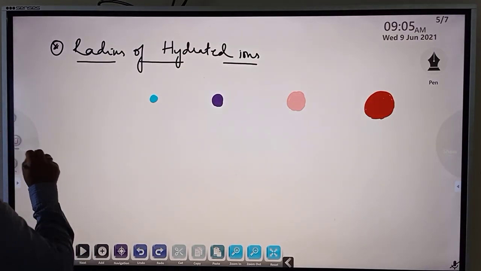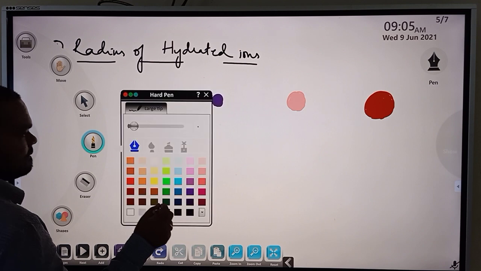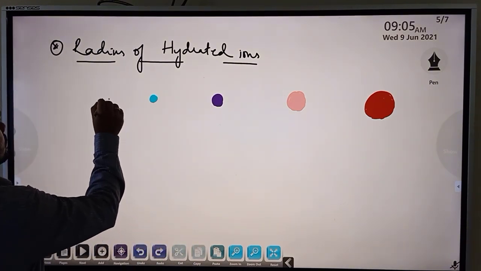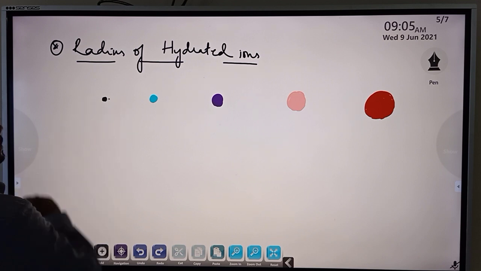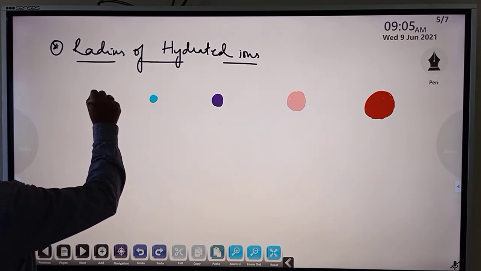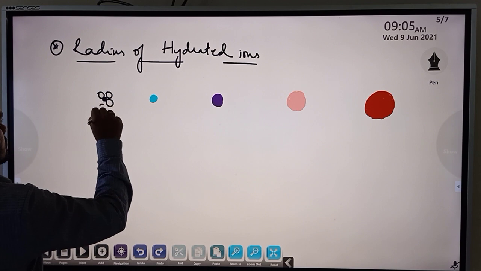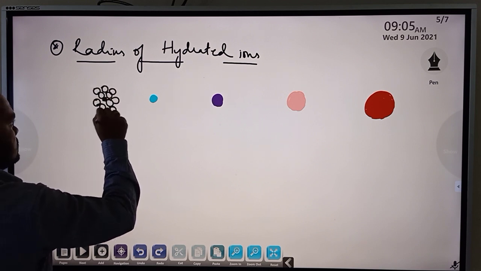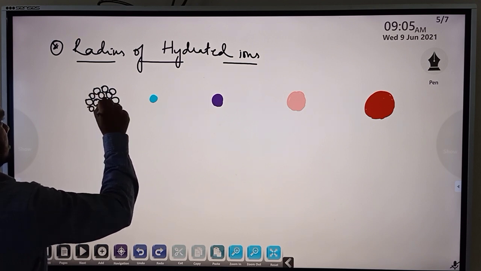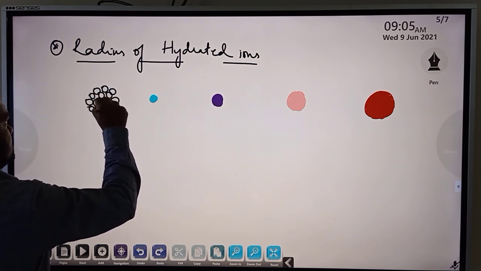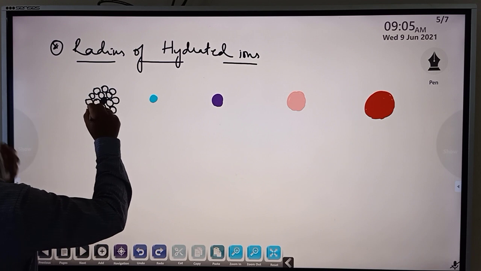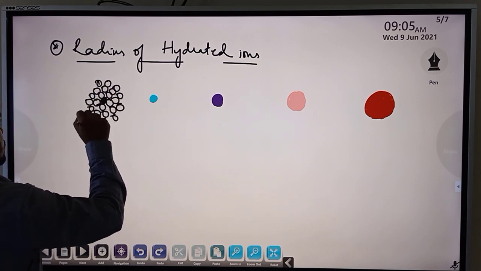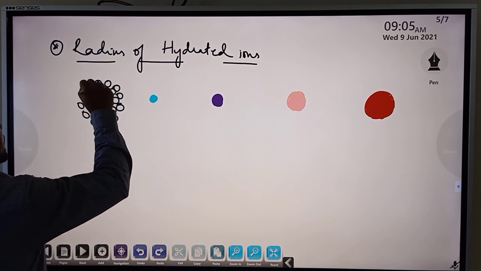Let me use black itself. This is my lithium, and now I have water molecules surrounding this. Why am I drawing too many water molecules here? Just now we finalized that in lithium's case there is a greater degree of hydration, so there will be many water molecules like this, a greater radius.